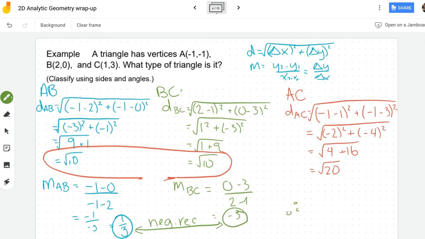We don't even need to worry about the slope of the other side because we already know that 2 intersected at 90 degrees, so we don't care what the slope of the other side is. Therefore, it is an isosceles because 2 sides are the same. Right, because 2 sides are perpendicular. Triangle.